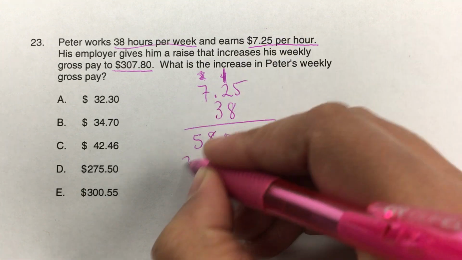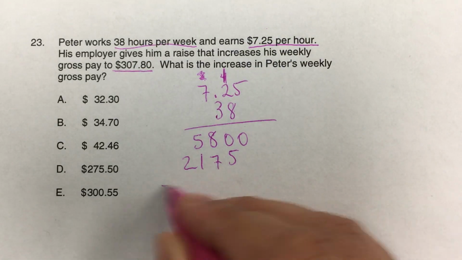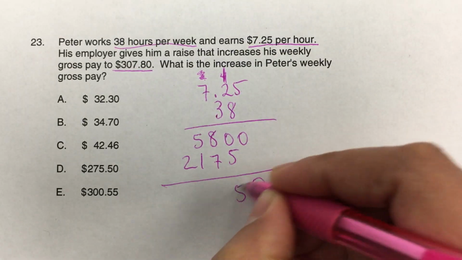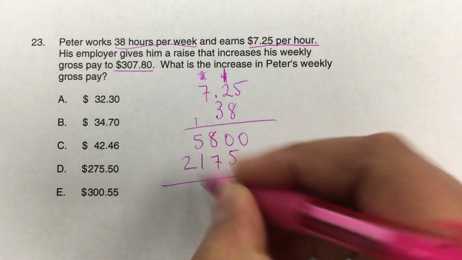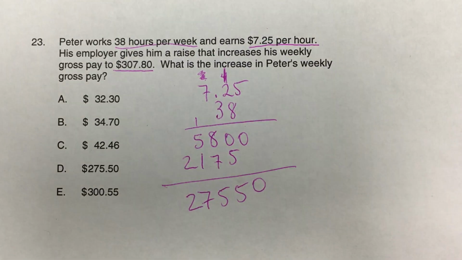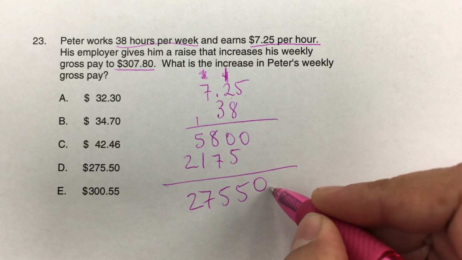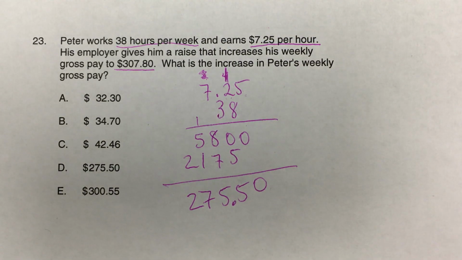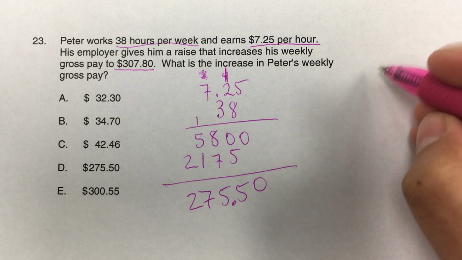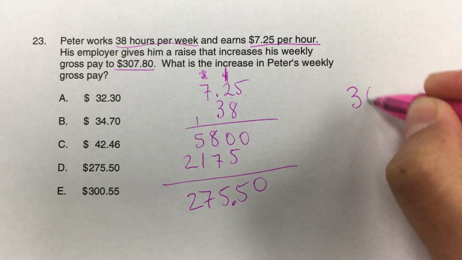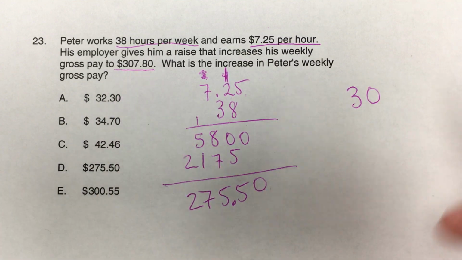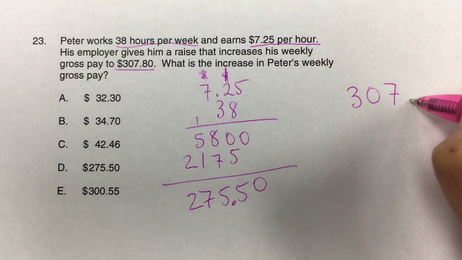And 3 times 7 is 21. We add and we get 0, 5, 15, carry 1, 7, 2. 2 decimal places, just like before, we just go back those 2 decimal places and we get 275.50. So now we get what Peter is earning right now.